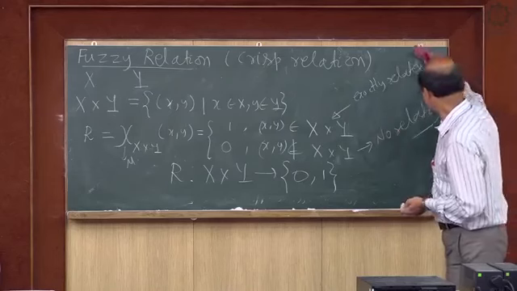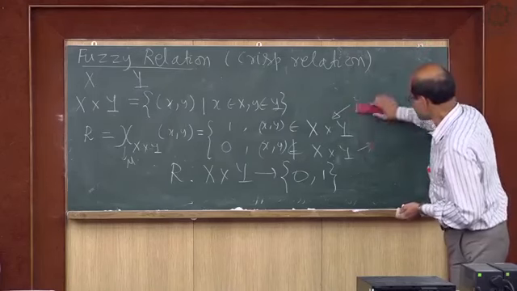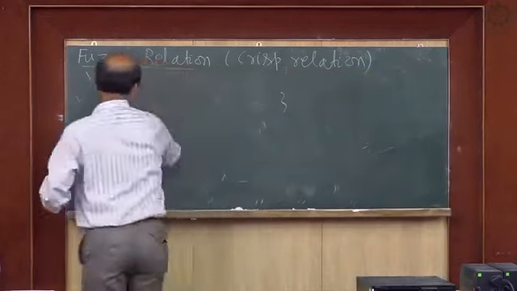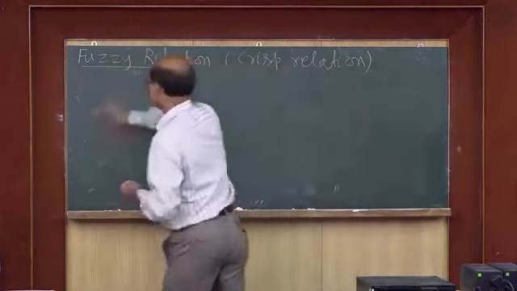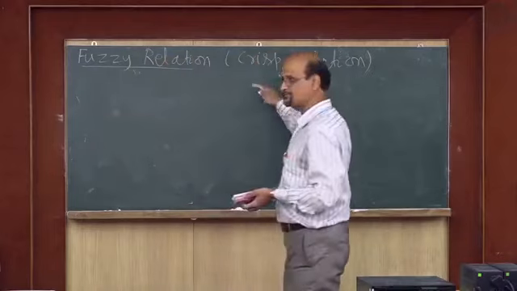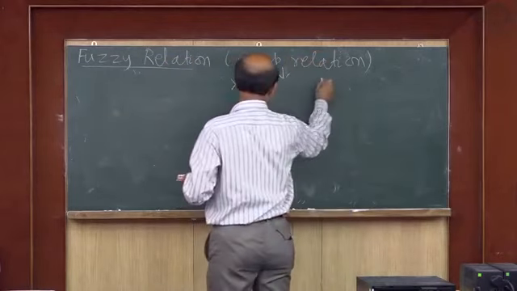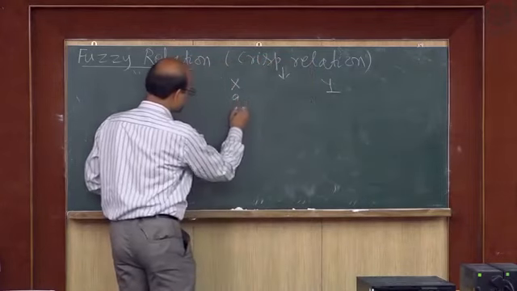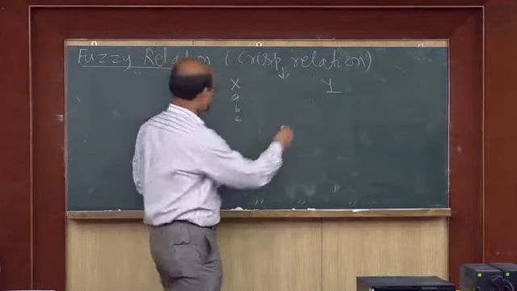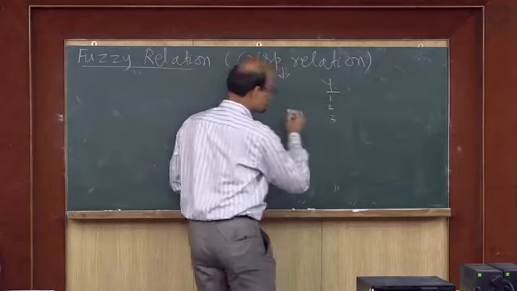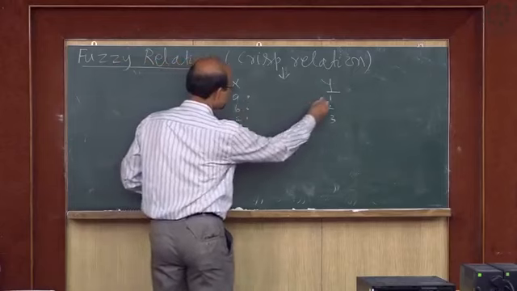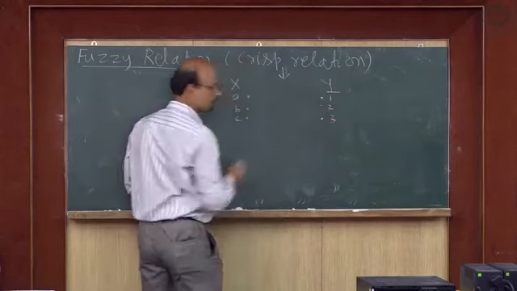So, let me tell more about this, remember this, okay. All I am telling about is the crisp case. I have X, I have Y. Suppose X has elements A, B, C, and Y has 1, 2, 3.